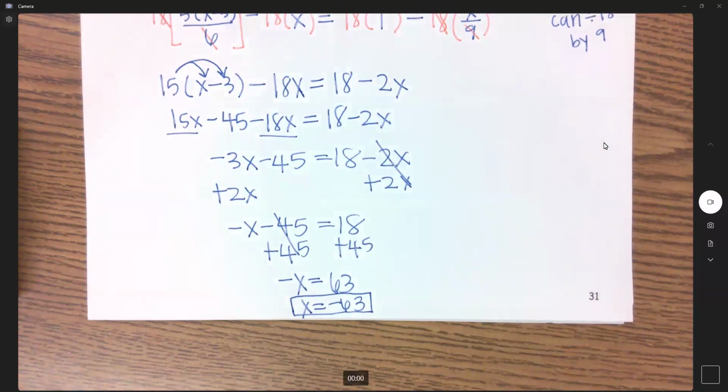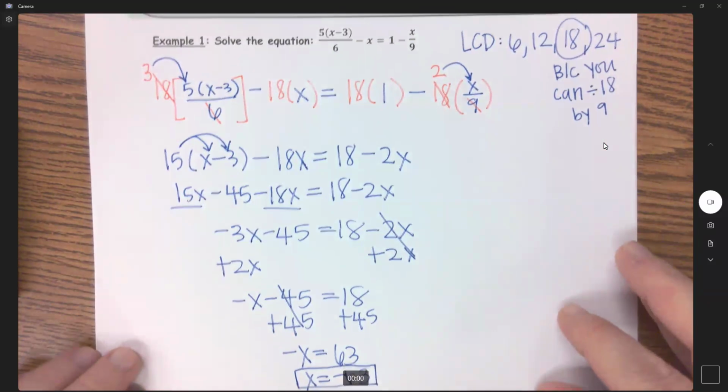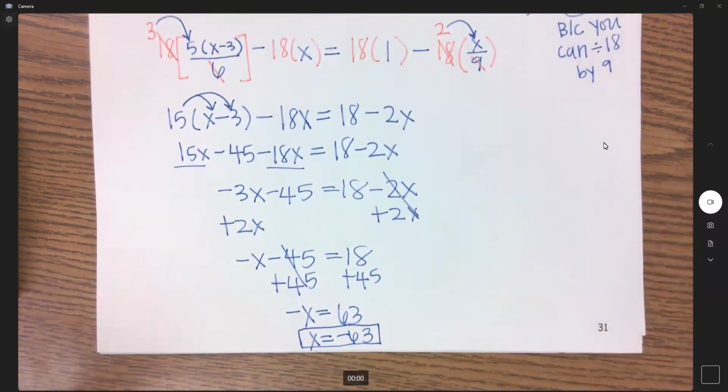Now, step 5 is to check the solution by substituting it in, and you can. I'm not going to do it in this problem because in the next video, I'm going to show you how to use your graphing calculator, and that will check it in that way. So watch this video again if you need to, but that's the only example we have of a hard example of solving an equation with finding the LCD and all of that.